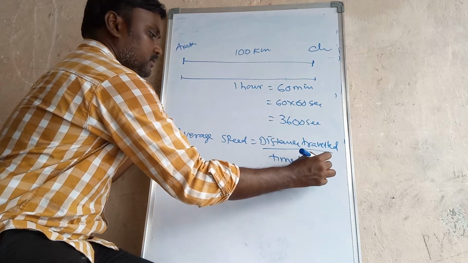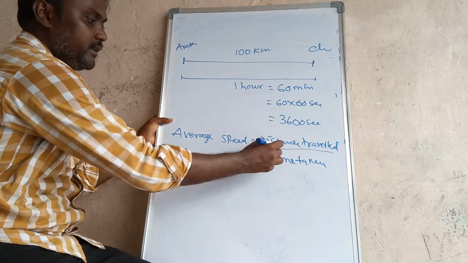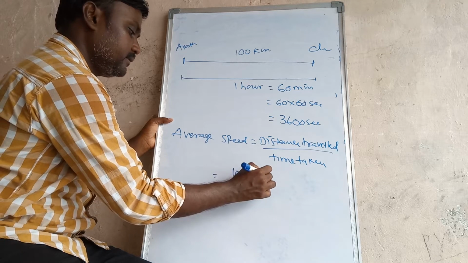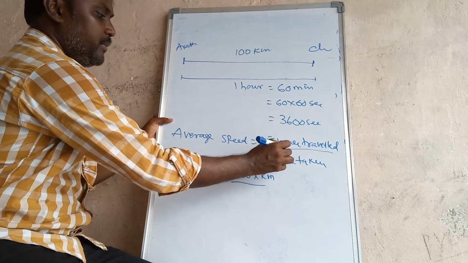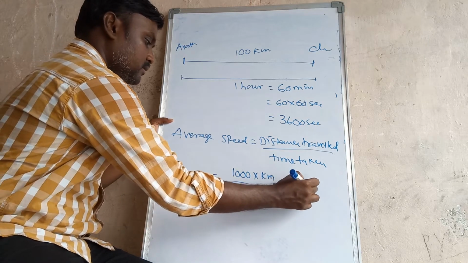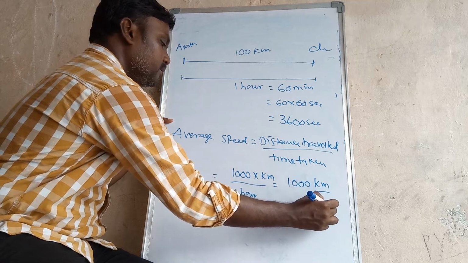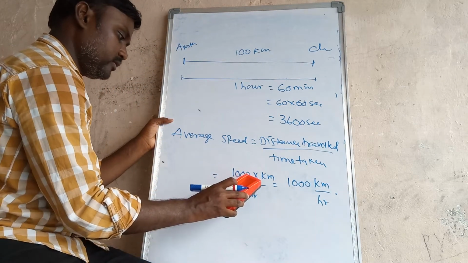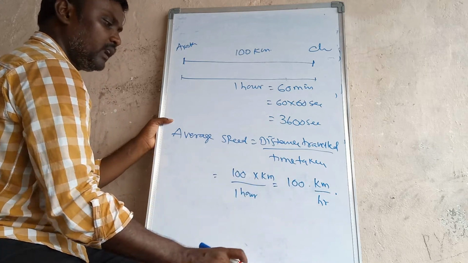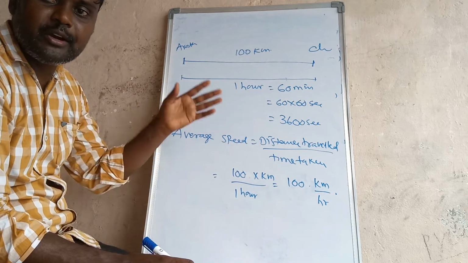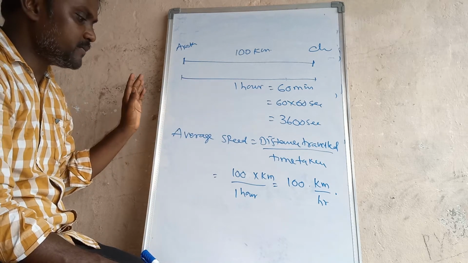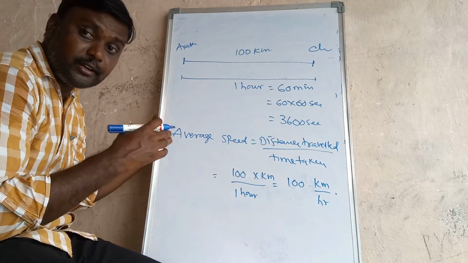Here the distance traveled is 100 kilometer, by time taken, 1 hour. So this is 100 kilometer per hour. With this much speed you have traveled, this is your average speed. So in this particular case, you have traveled with the same, constant speed.